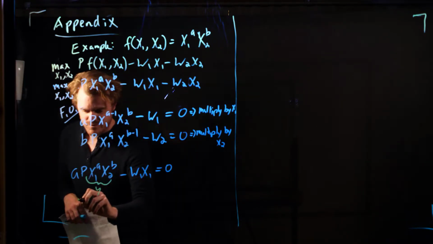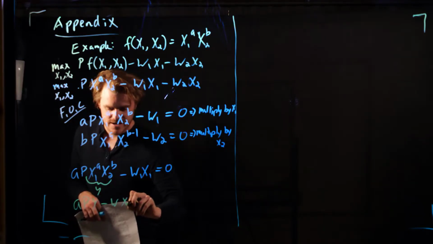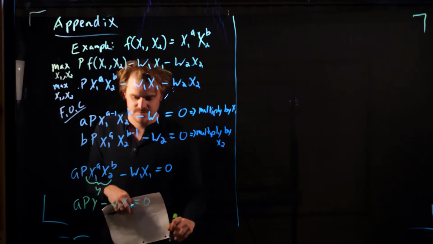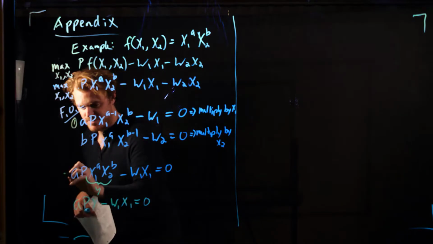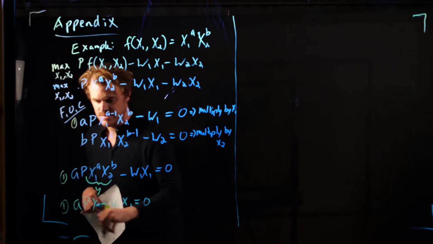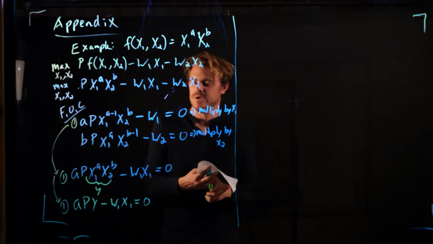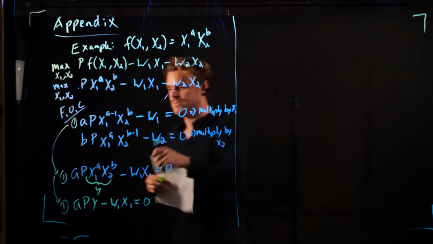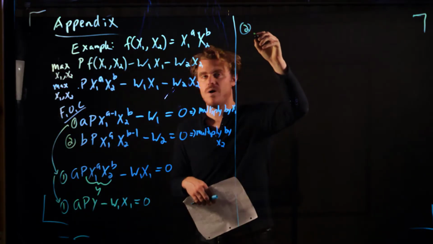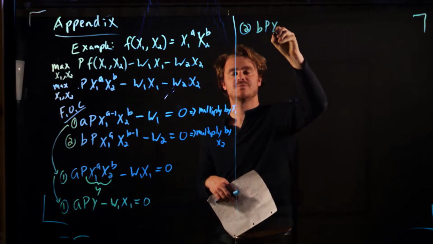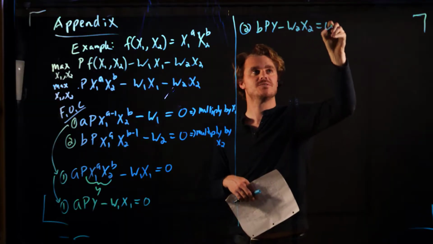So another way of writing this is a p times y minus w1 x1 equals 0. We can do the same thing for the second term: if we multiply that by x2, we get b p times y minus w2 x2 equals 0.